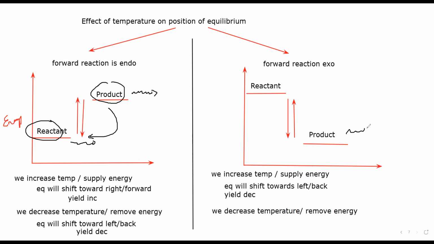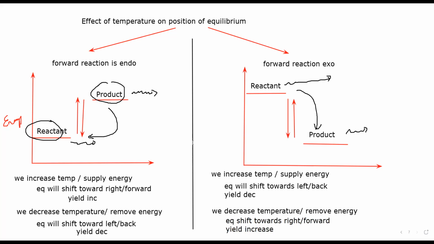The product can also lose energy, but the product cannot form anything new by losing energy. But as the reactant loses energy, the reactant can form a product, because the product has low energy. So the reactant will form a product as we decrease the temperature. If more product is formed, we say equilibrium shifted towards the right hand side, or forward, or the yield will increase.